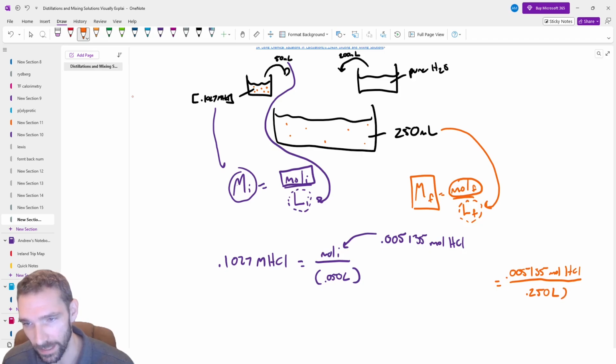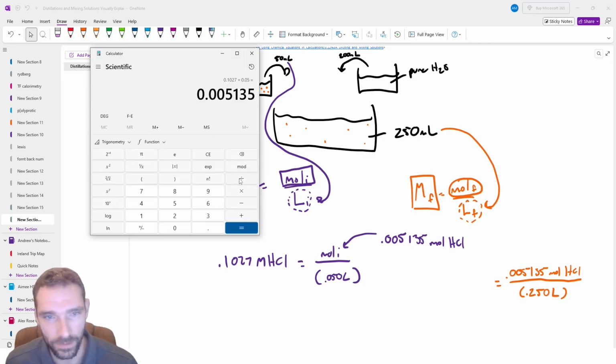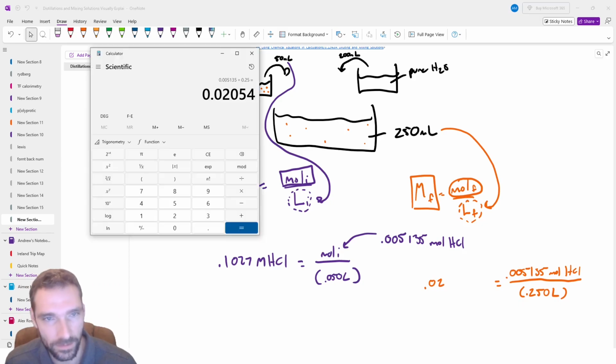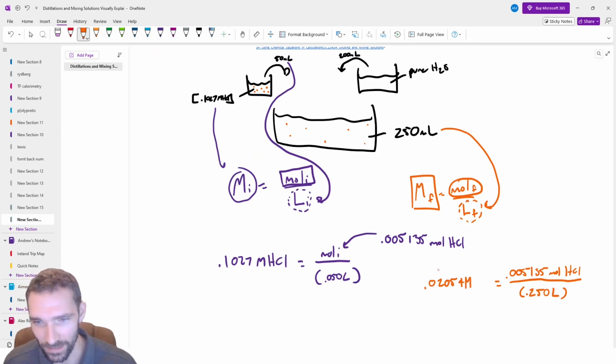You can think about that if we're being technically correct with our molarity and putting it in the appropriate units. And that should give us our molarity. So we've got this number, divide that by the 0.250, and I'm getting something about 0.02054.